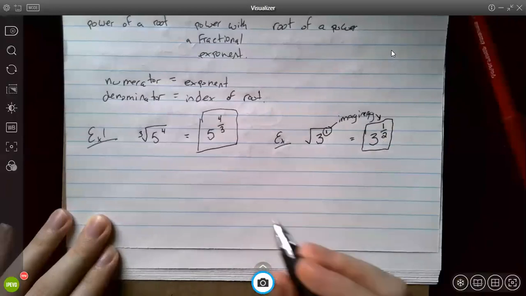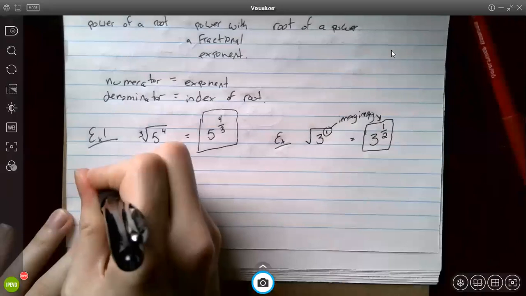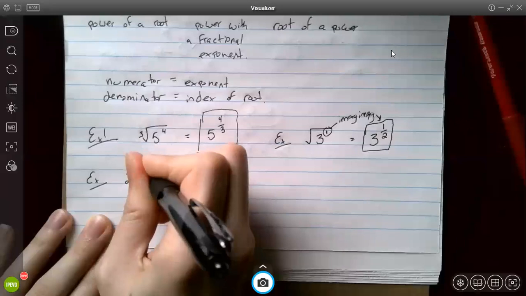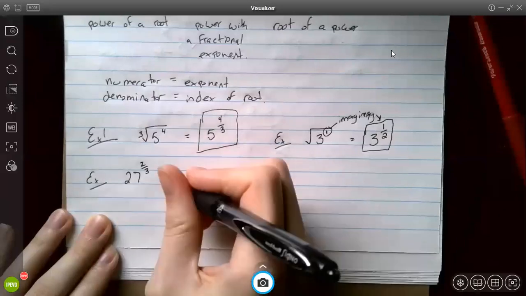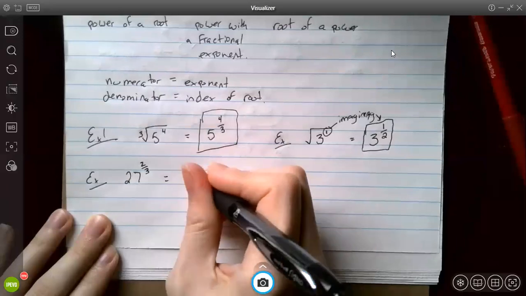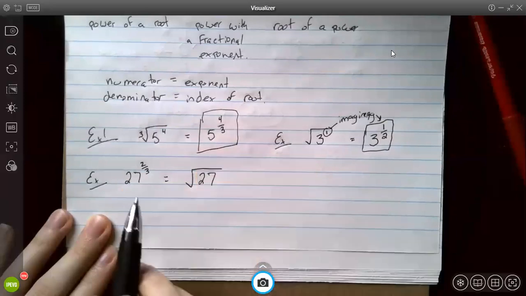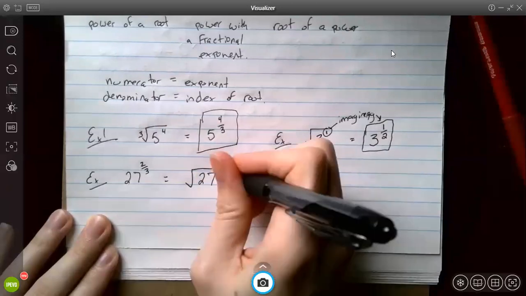I can also go the other direction, so I can start off with a fractional exponent. 27 to the power of 2/3. And I can convert it into a radical. Again, I'm going to keep my base, keep my big number. The numerator of my fractional exponent stays as an exponent.